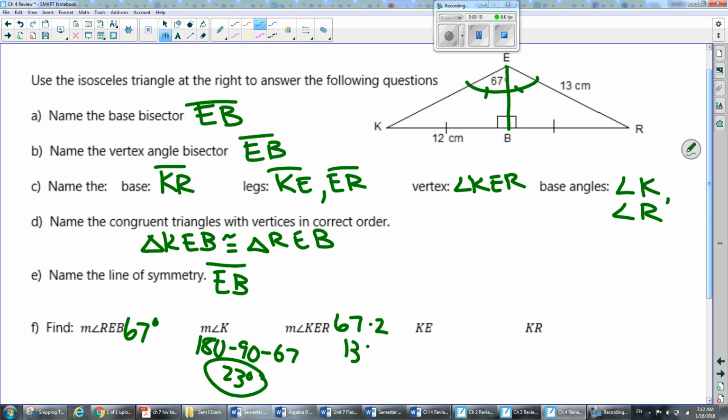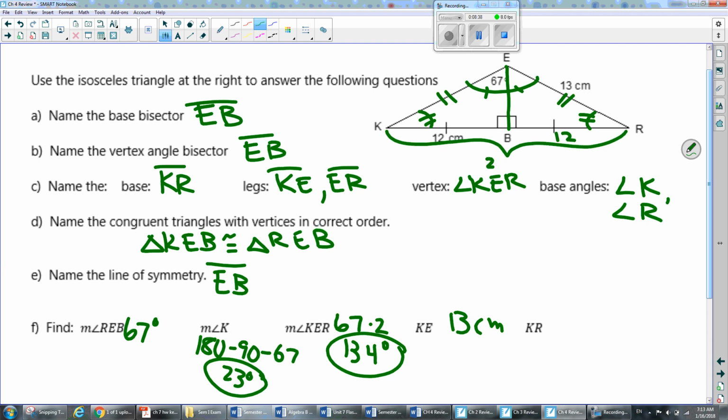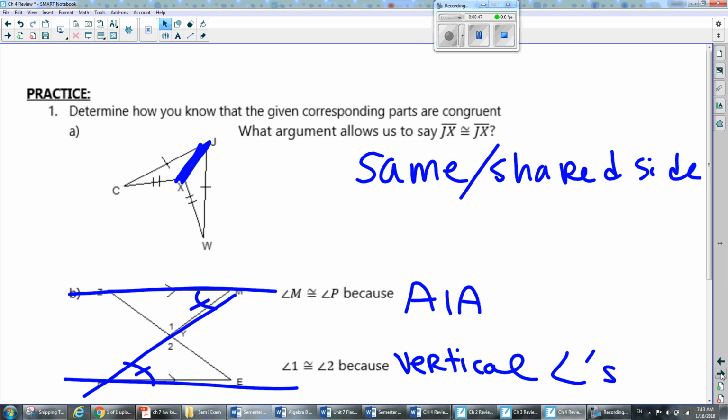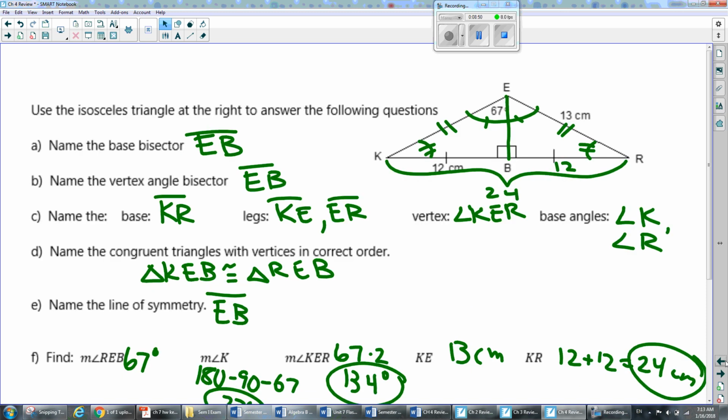That would leave us with 134 degrees. The length of segment KE, since these are your opposite angles, your legs are opposite of those. So if one leg was 13, KE is going to be 13 centimeters. And the whole length of segment KR would be 12 plus 12 to give us 24. All right, and that's it for those notes.